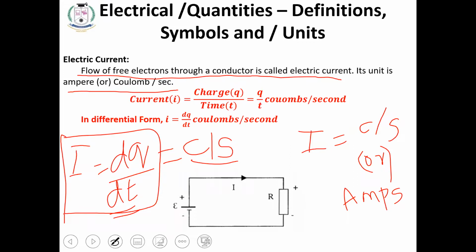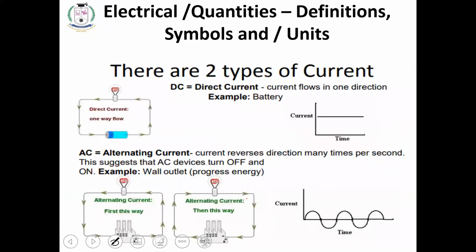The flow of free electrons through a conductor is called a current, and its unit is coulomb per second or amps. This is my current. So I think you have learned about current.